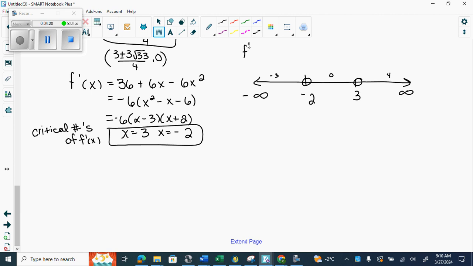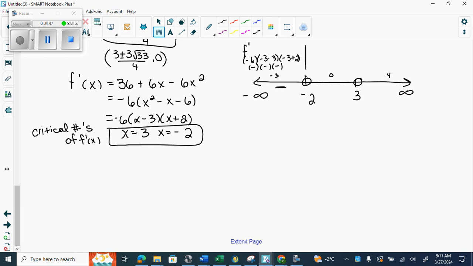Now remember, I always plug it into this factored form because it's easier. So I get negative 6, negative 3 minus 3, negative 3 plus 2. So I get a negative times a negative times a negative, which gives me negative.